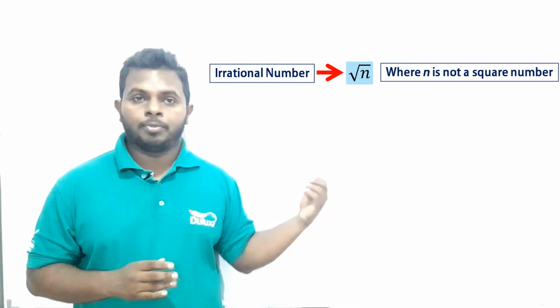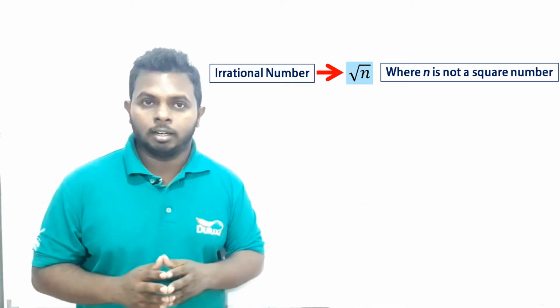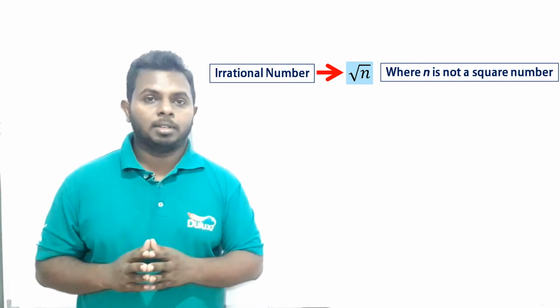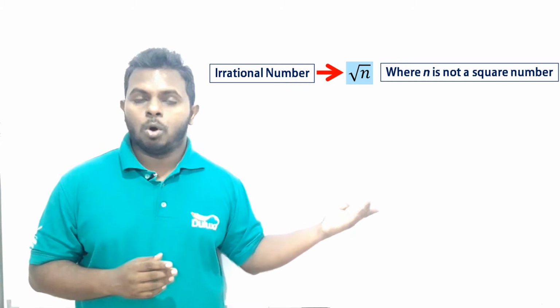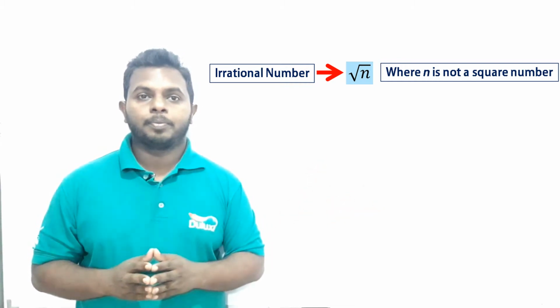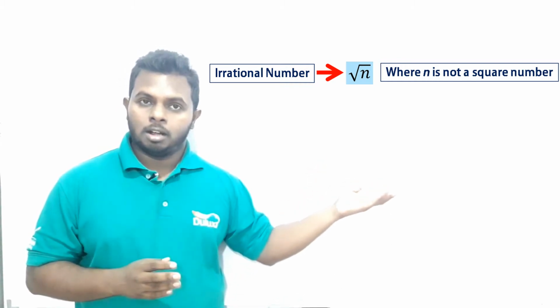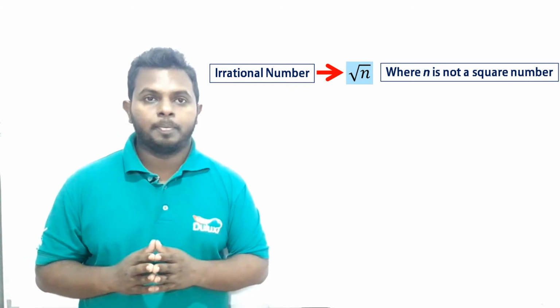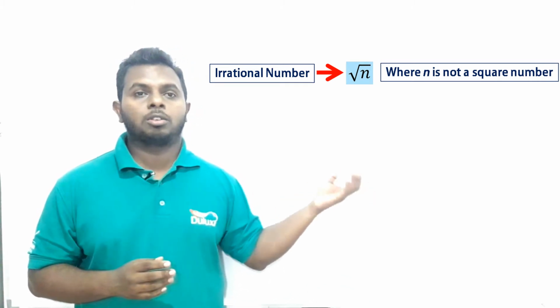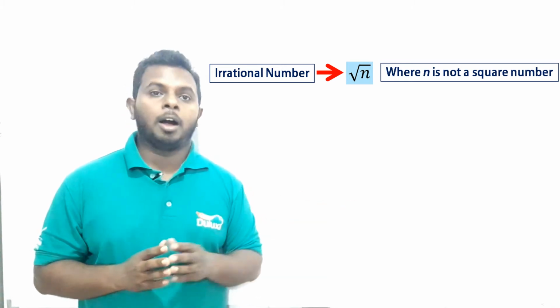Therefore, square root 4 is not an irrational number. But if you think of square root 2 or square root 3, they have infinite digits in their decimal. Therefore, square root 2 and square root 3 are irrational numbers.